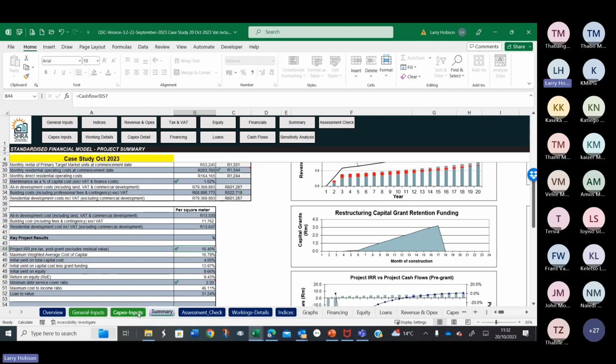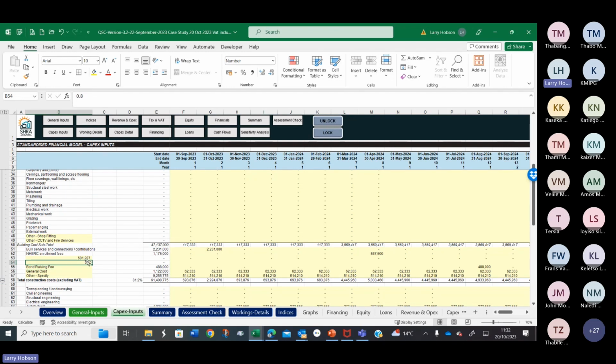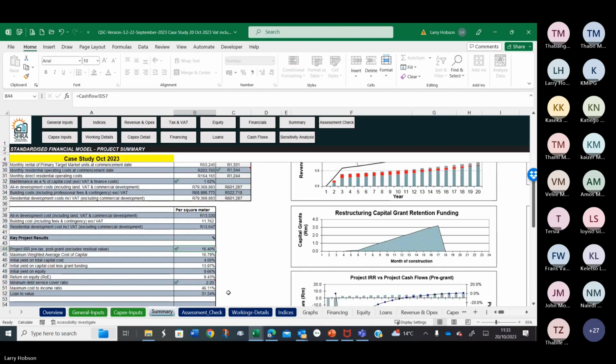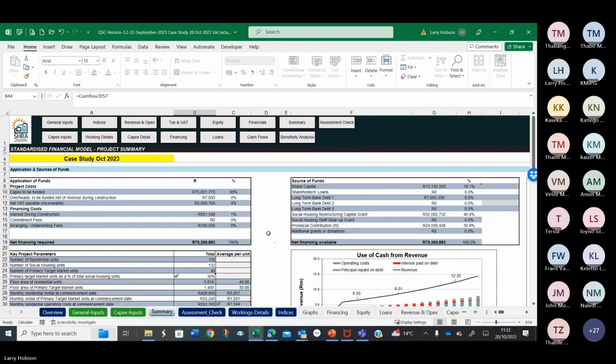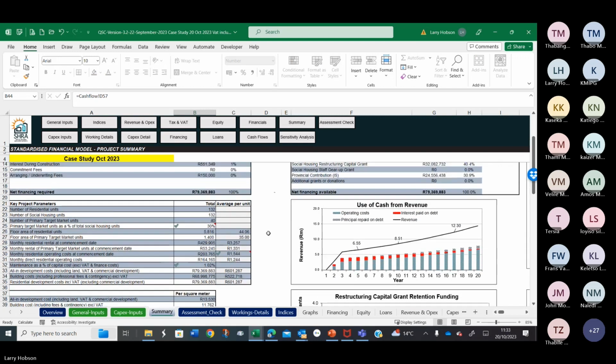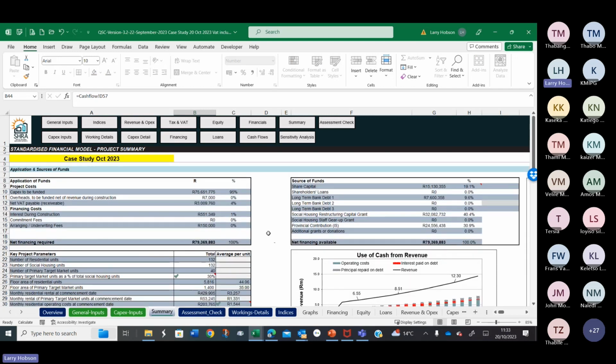So using our last resort of reducing our development costs, we've managed to meet all the criteria. We haven't met the 20% there though. So that's got to increase a bit.